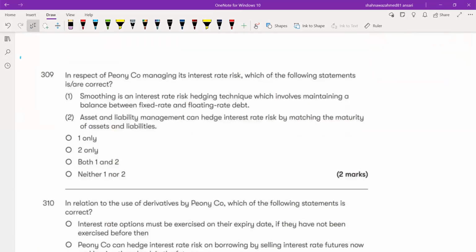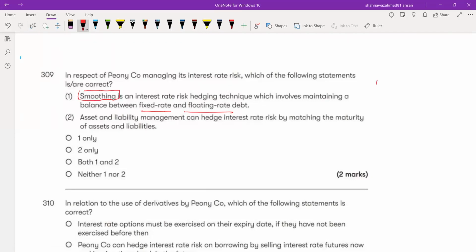In respect of the company's managing its interest rate risk, which of the following statements is or are correct? Internal hedging methods. Smoothing is an interest rate risk hedging technique which involves maintaining a balance between fixed rate and floating interest rate. This is the correct definition of smoothing.